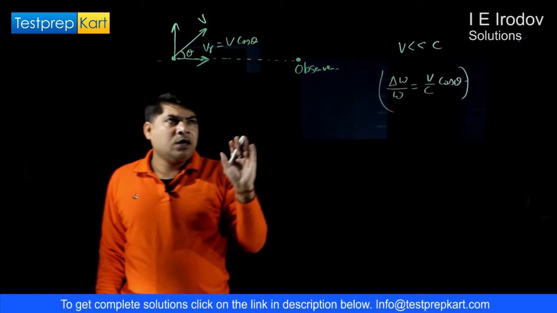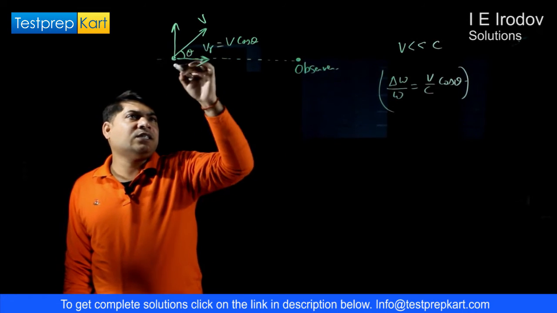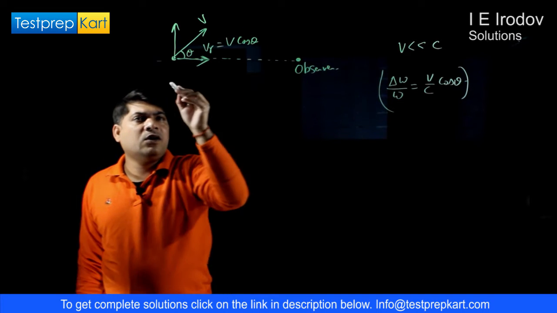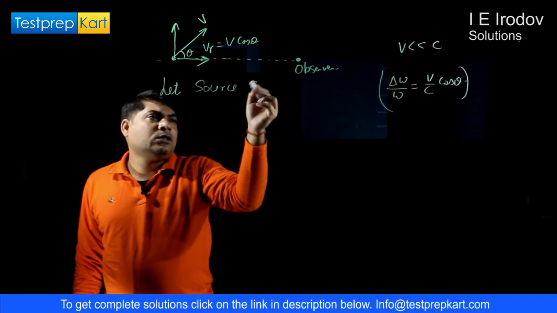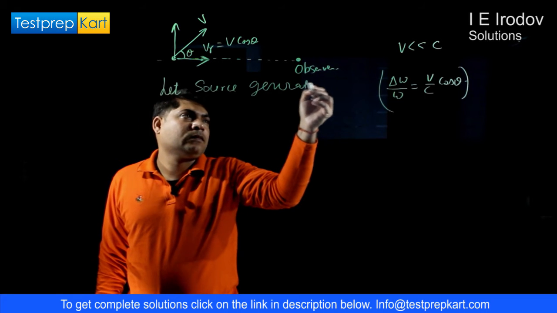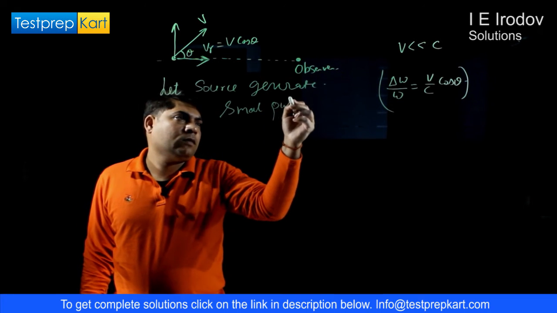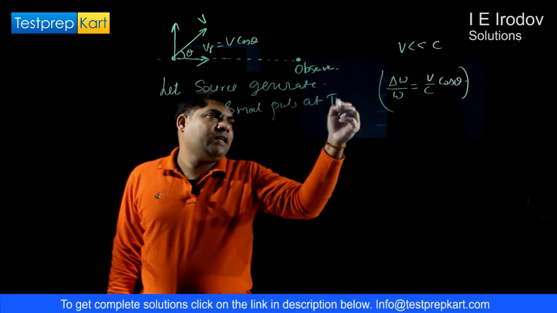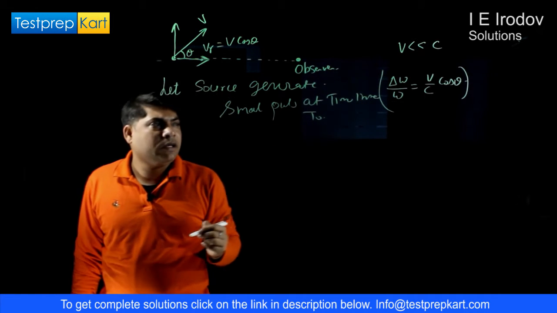Now suppose this source generates small pulses at time interval t0.